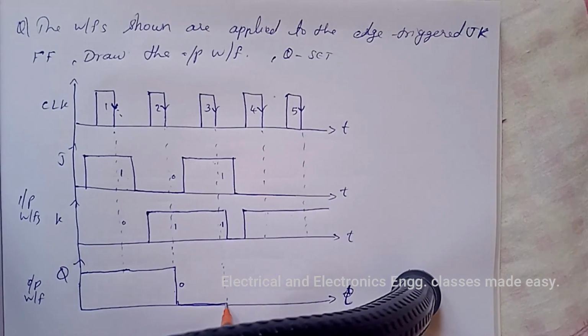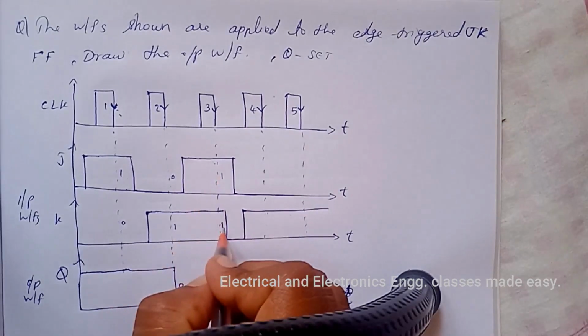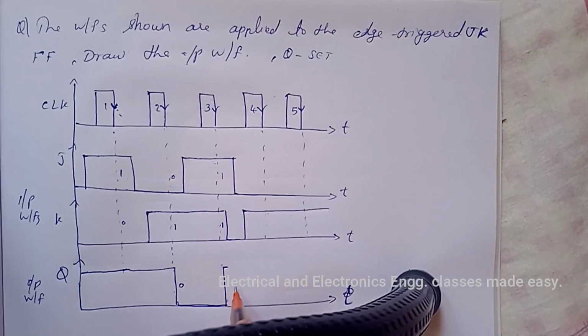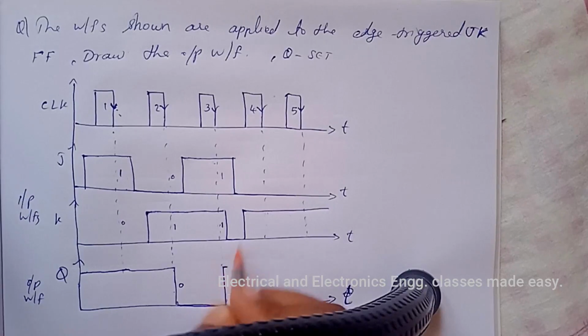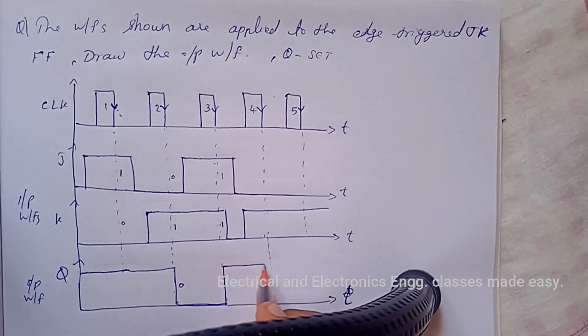That is, here it is 0, so here it will be high. So 1 1 means toggle state. That is, if the output was 0, then it will become 1, and if it is 1, then it will become 0. And it will continue up to next negative edge of the clock pulse.